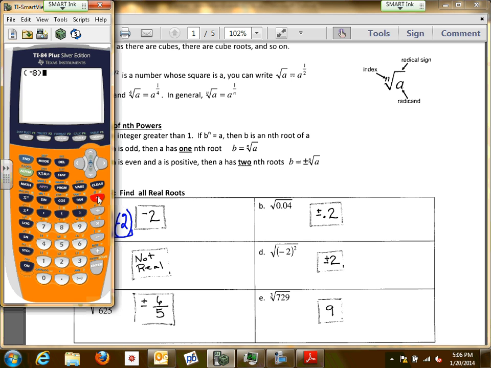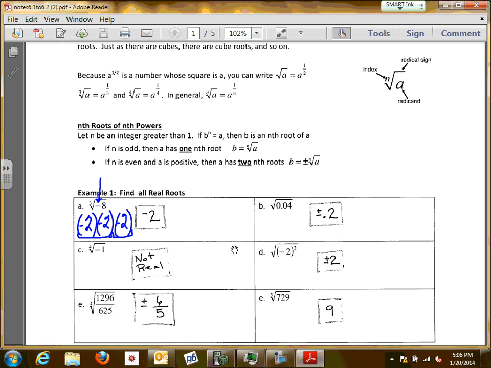And we want to go to the 1/3 power, because that nth root is to the, and I'm going to put in parentheses, 1/3 power. So that's what that looks like in your calculator, -8 to the 1/3 power. And then you hit enter and it gives you your value of -2.